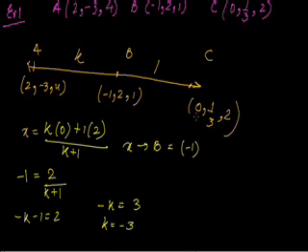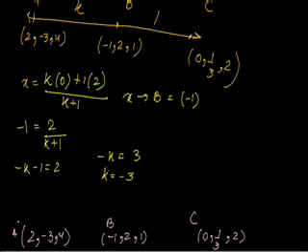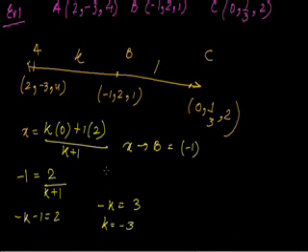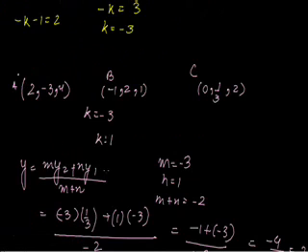So we assumed that A, B, C are collinear, and B is dividing the line segment joining AC in the ratio k to 1. We found the value of k by equating the x coordinate using the section formula with the given x coordinate of B, and from that we calculated the value of k equals minus 3.